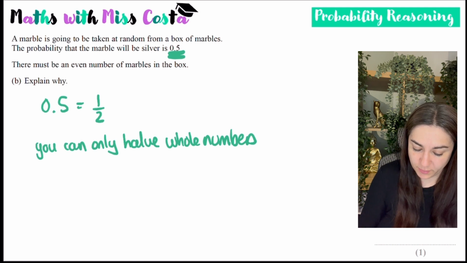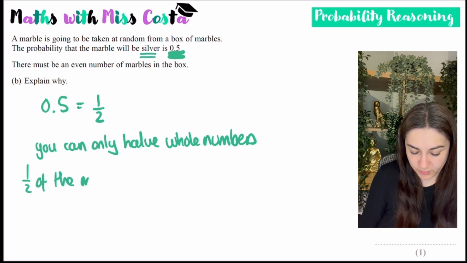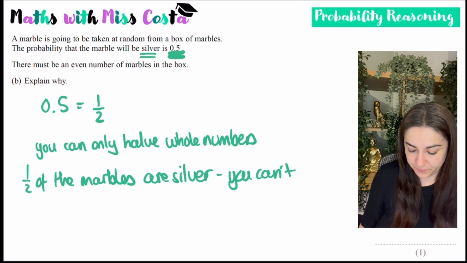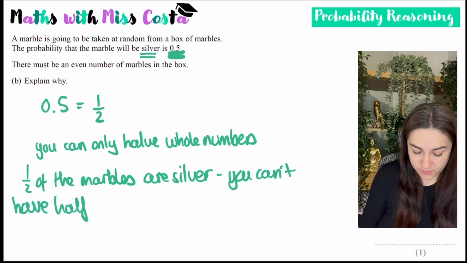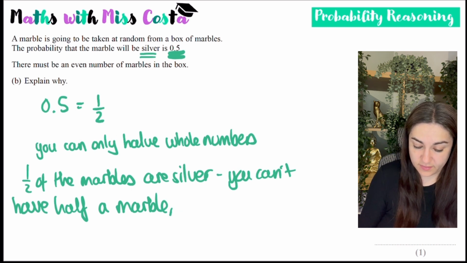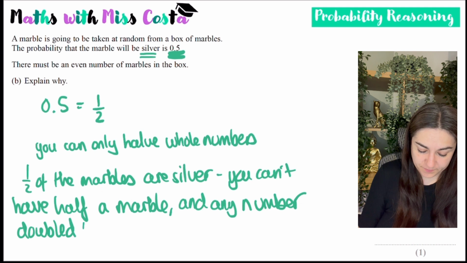So for instance, if the probability is 0.5, that means half of the marbles are silver. You can't have half a marble. So any number doubled is an even number.